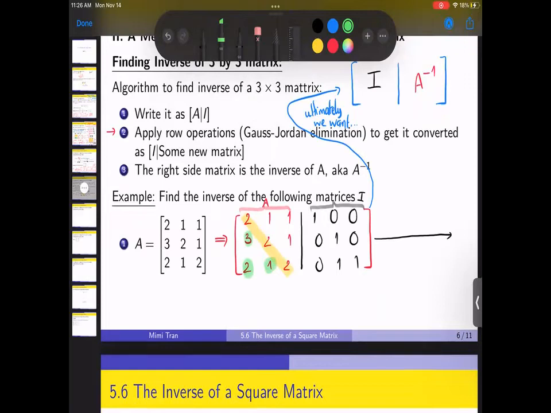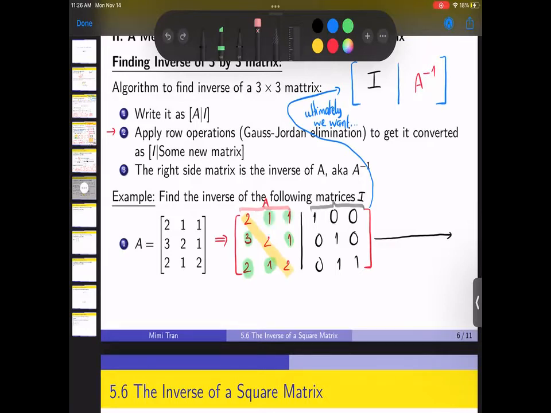Now, not only below the diagonal is 0; everything above the diagonal also has to be 0. On your quiz number 4, I only made you do the zeros below the diagonal, but I never asked you to do the above; that was the calculator. Today we're going to do both. Let's do the below ones first. That's easy. Everybody knows how to do that, at least most of us.